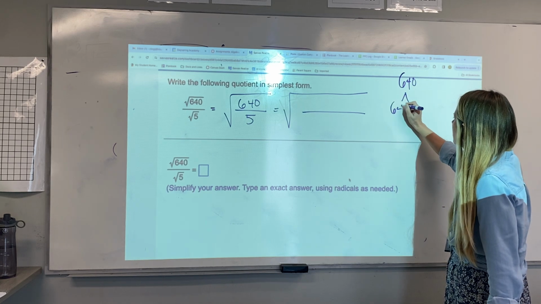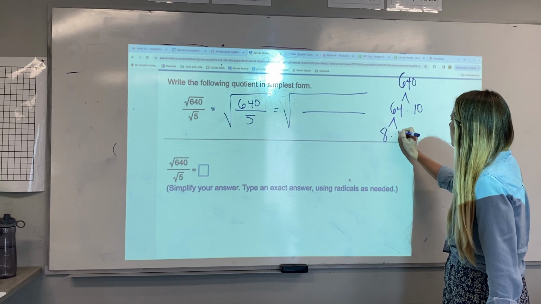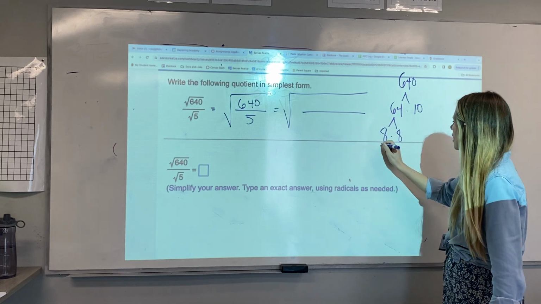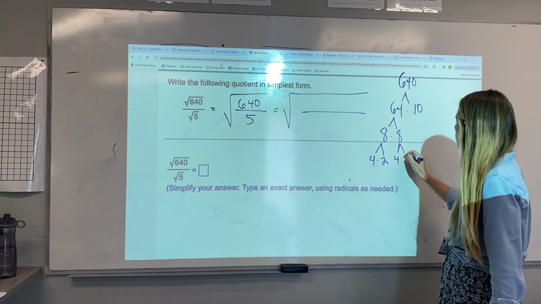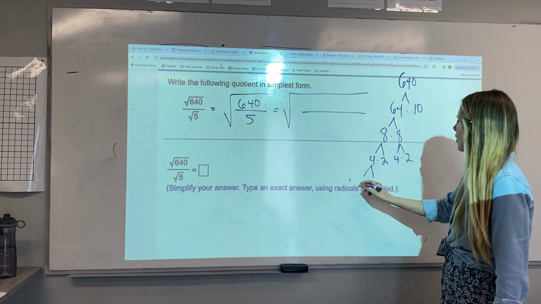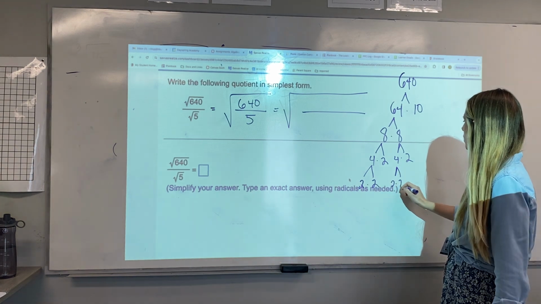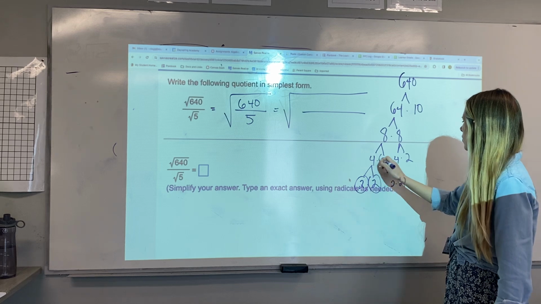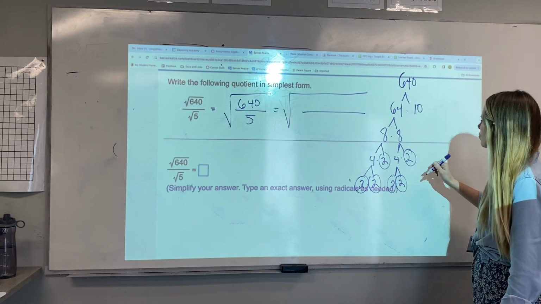I can start with 64 and 10, and then I can break 64 down into 8 times 8, right? And I can break 8s down into 4 times 2, 4 times 2, and I can break the 4s down into 2 and 2, 2 and 2. So I have 1, 2, 3, 4, 5, 6 2s there.